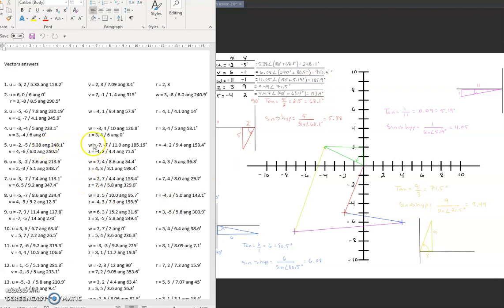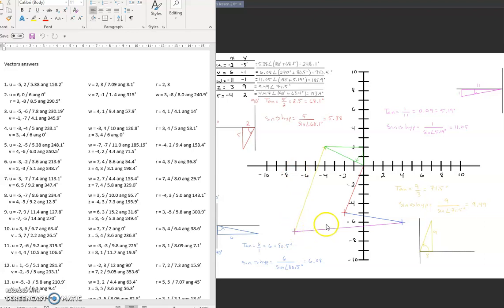Now we have UVWZ, the final vector of this bunch. From this point, we rotated just slightly. We're not quite at 90 degrees yet. Z is 3 on the x, 9 on the y. On the x, we went positive 3, so from -7, we went positive 3, which gets us to -4.